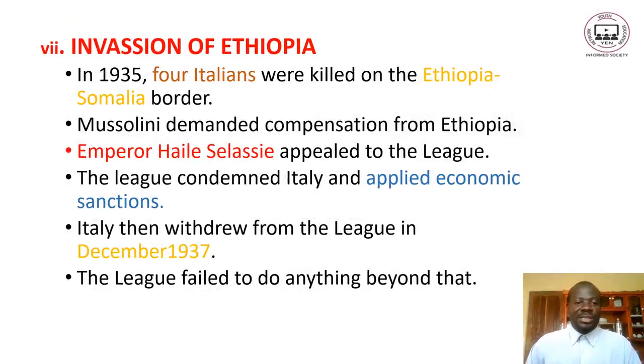Next was the invasion of Ethiopia. It happened in 1935, whereby 4 Italians were killed on the Ethiopia-Somalia border.